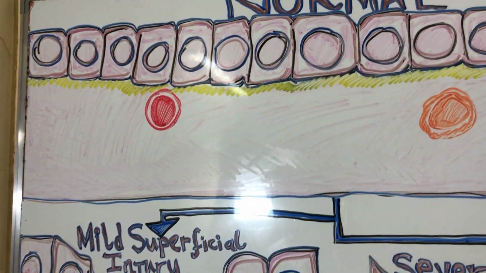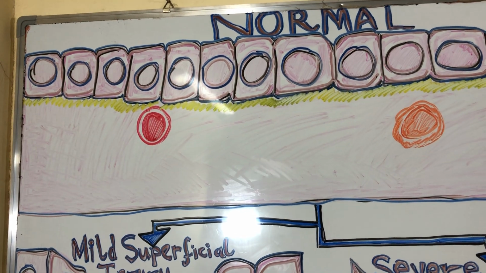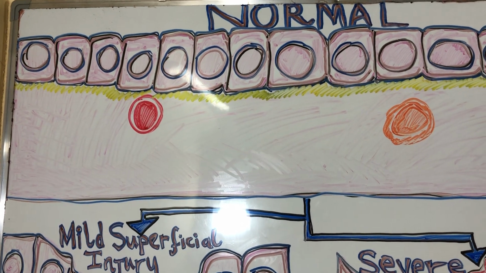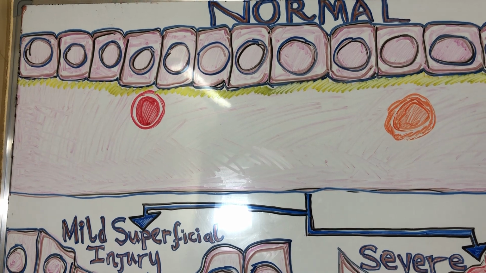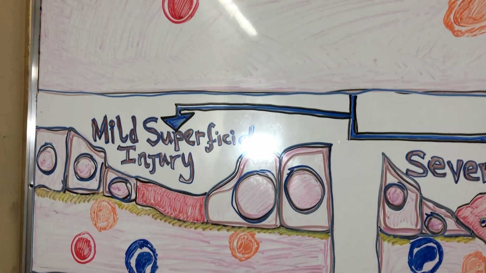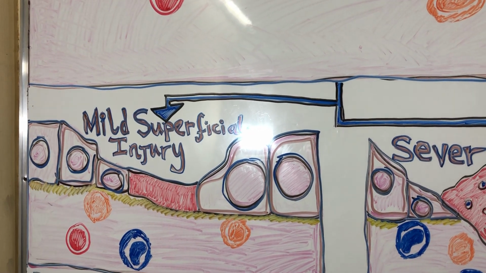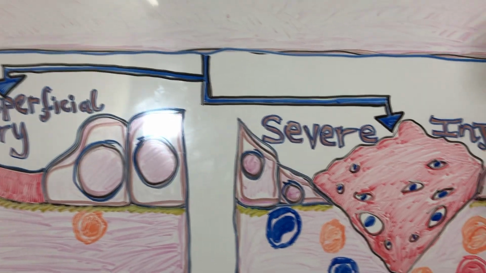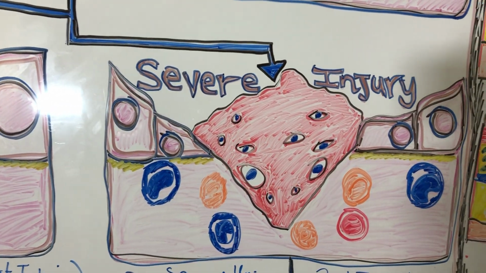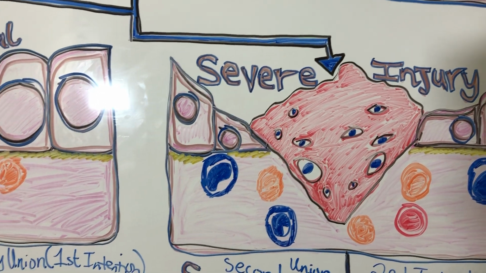So we have normal tissue that is of two layers, the epithelial layer and the underlying tissue. And then there is an injury that is localized to one layer that is called the mild superficial injury. And then we have a severe injury that goes deep into the underlying tissue.